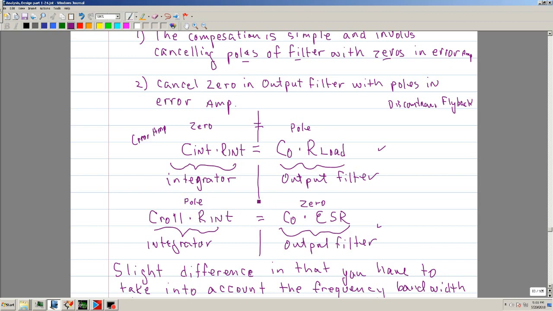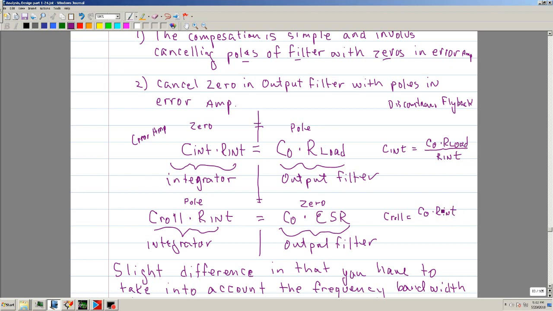Basically these are the equivalent. If you were to derive an equation, these are the two main equations that you would need. If you solve for them, you would end up with the two main capacitors that you need to solve, along with the integrator resistor.